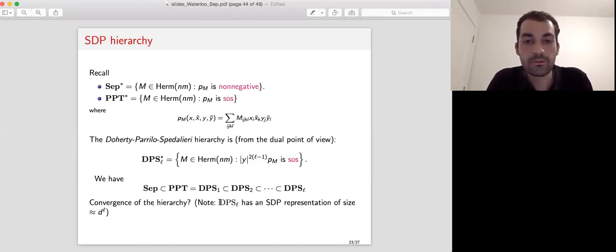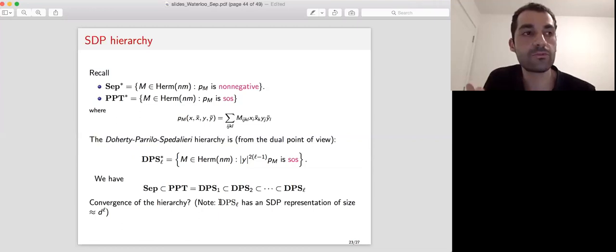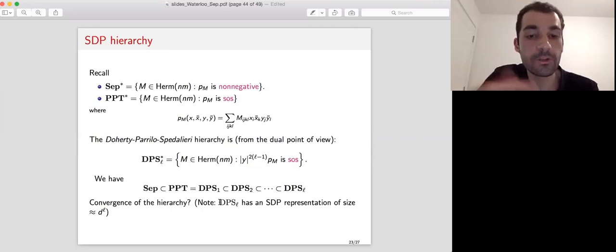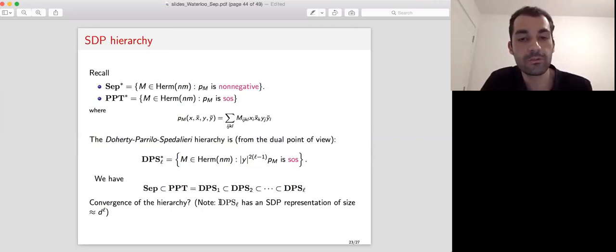Okay, and so as I mentioned before, the set SEP really has to do with polynomial optimization on the sphere, and such results can be derived or are very similar to results for general polynomial optimization, and how the sum of squares hierarchy behaves.